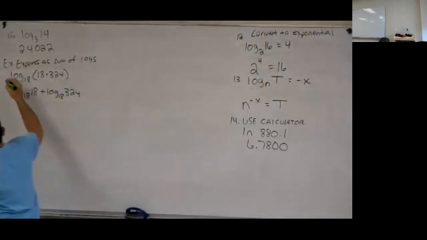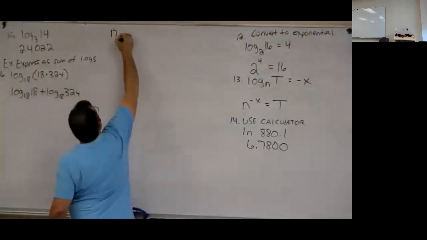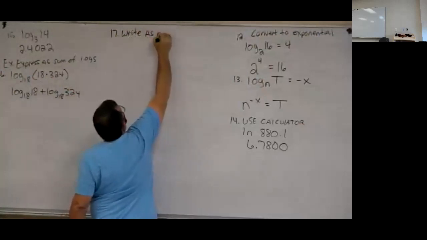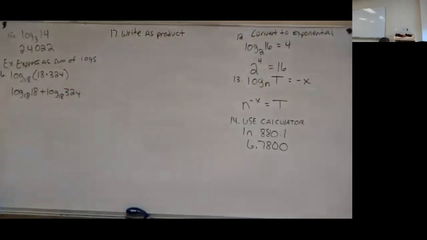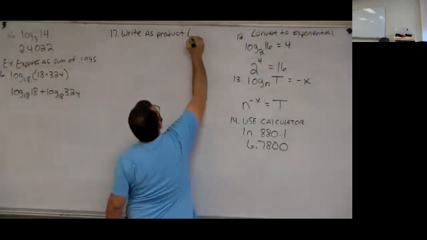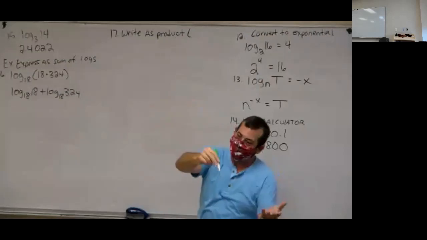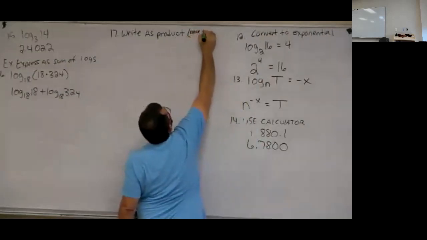All right, ooh, I'm gonna have 16, y'all. This will be 17. Right as product. Anytime you see right as product, all that means to me, when I see that, is move the exponent to the front. You remember? So move the exponent to the front. That's all this means.